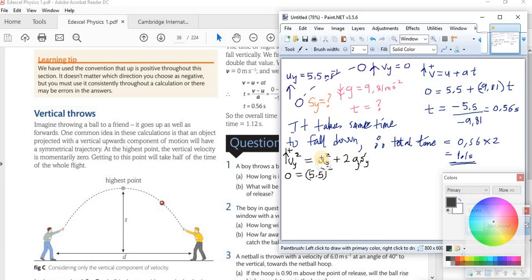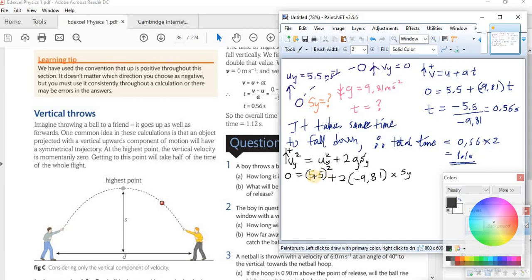Because we take up as positive, the initial velocity is also positive. Then plus 2 times a, which is minus 9.81 because it is vertically downwards, times this, which is what we need to find, sy.